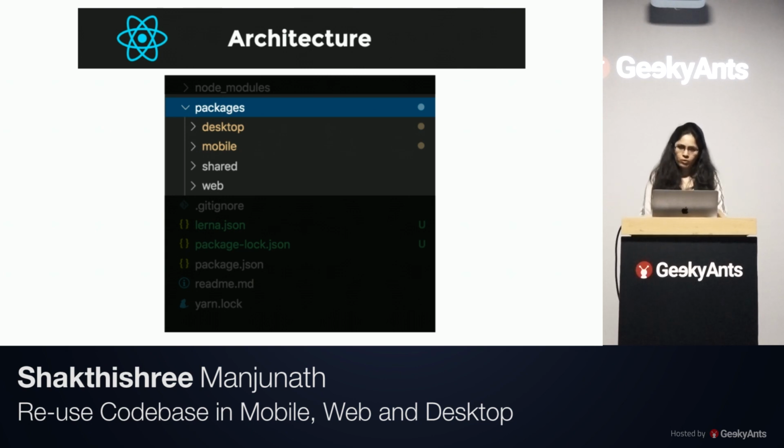So then dump all of those into your shared application, and all the platform specific features will be available in the respective applications, and then publish it as an NPM package and use it in your platform specific applications, right?